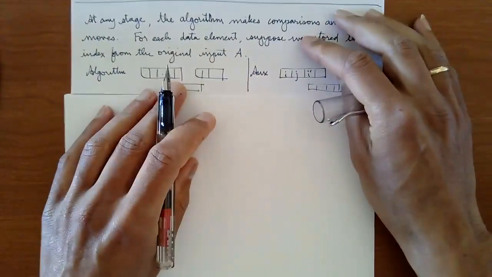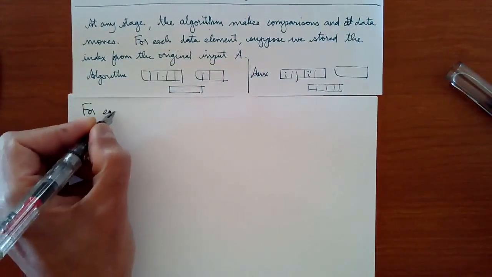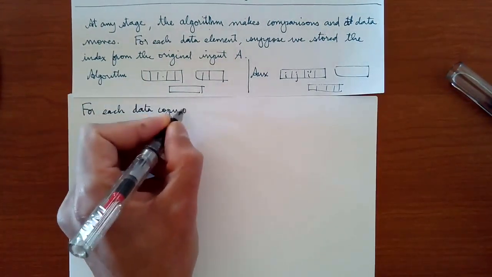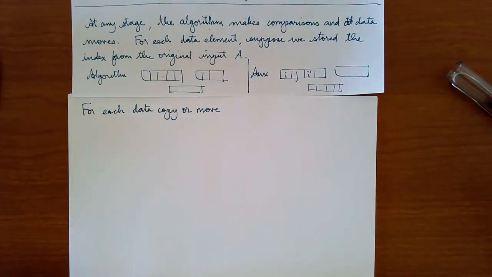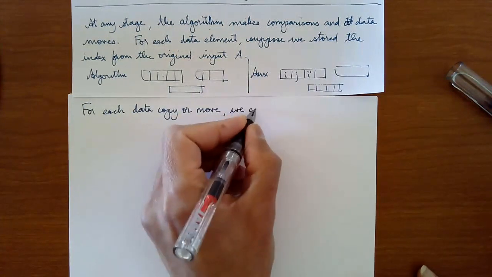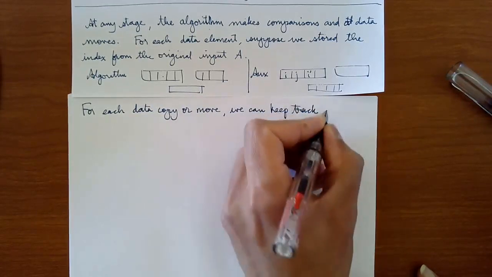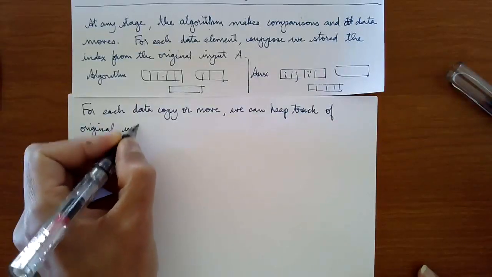So I will explain this again. For each data copy or move, because what's happening is data is just being copied and assigned. That's the only thing that happens in your algorithm to actually determine the sorted order. We can keep track of the original index. Right?